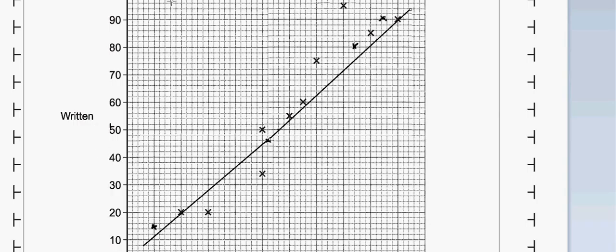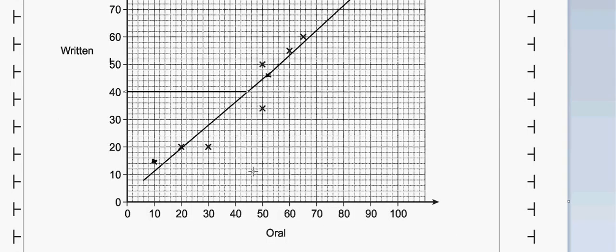So I draw a line from 40 and I use my line of best fit now as a guide to what his possible score was.